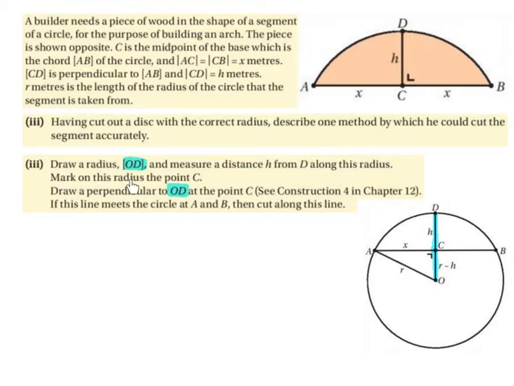Mark on this radius the point C. Draw a perpendicular to OD at the point C. See construction 4 in chapter 12 on how to do this. If this line meets the circle at AB, then cut along this line.